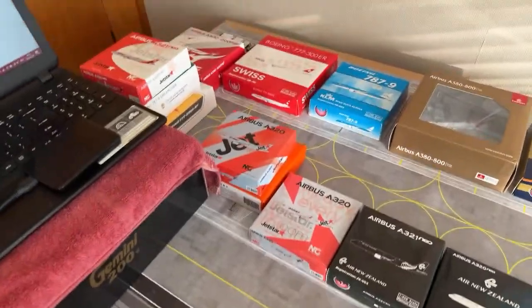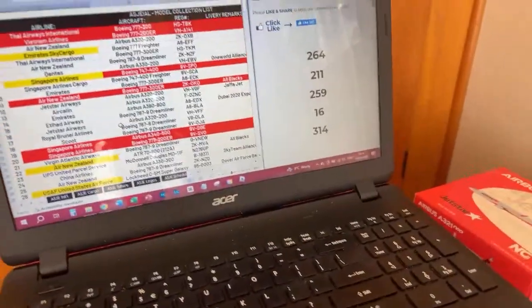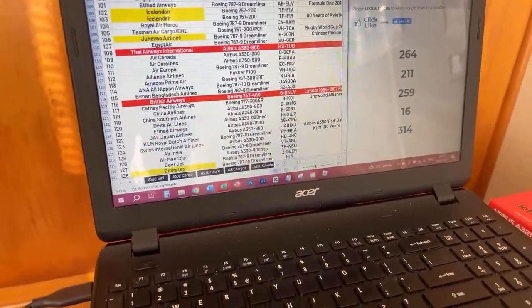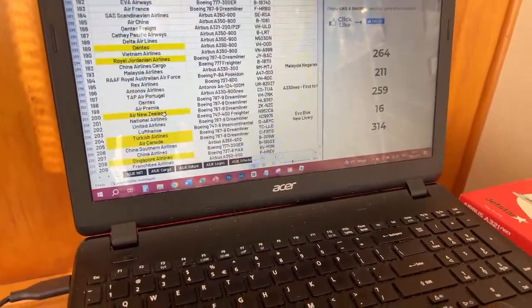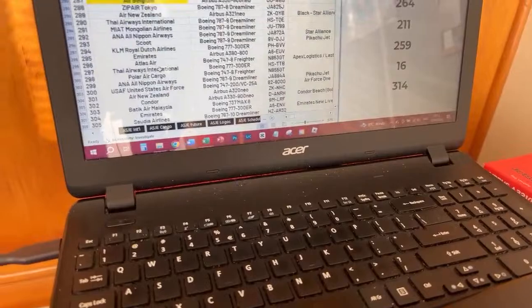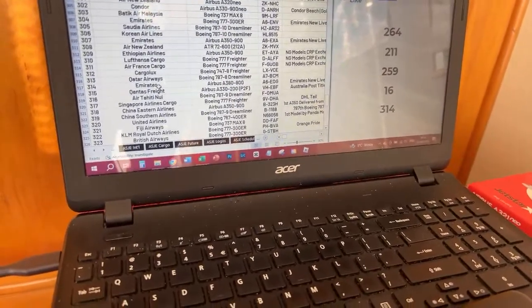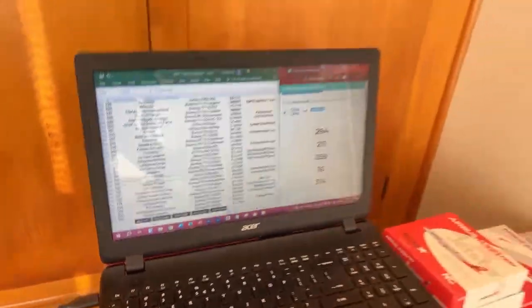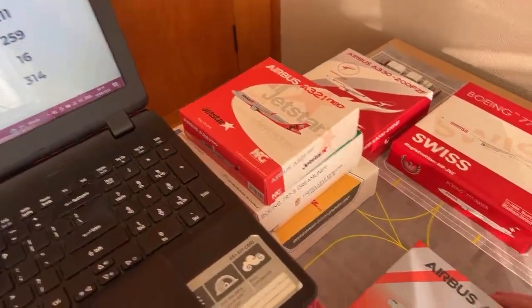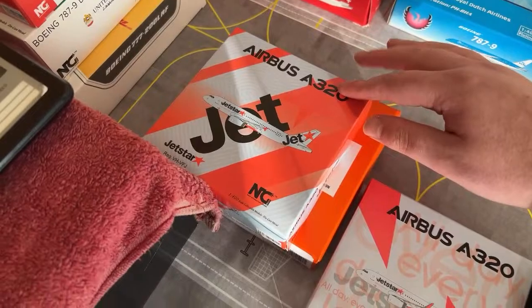Man, I don't know what's going on here. Right, what's this? 314. So what happened to Qantas and Virgin Australia and Batik Airlines and stuff? 314, Emirates 380, new livery. Okay, so this one here is going to be substituting for the Singapore Max.